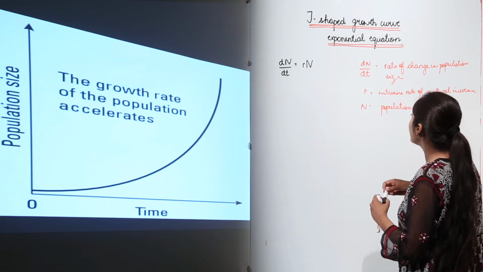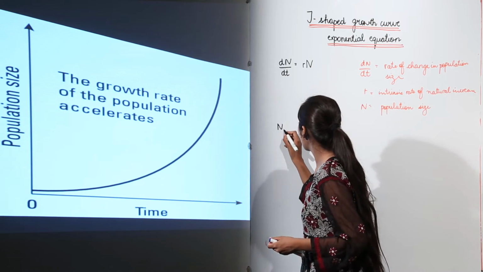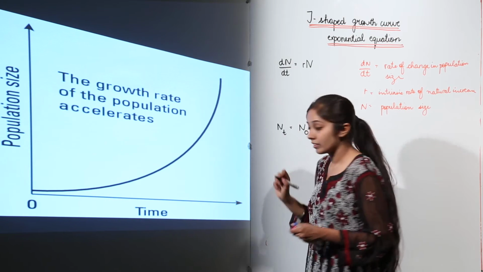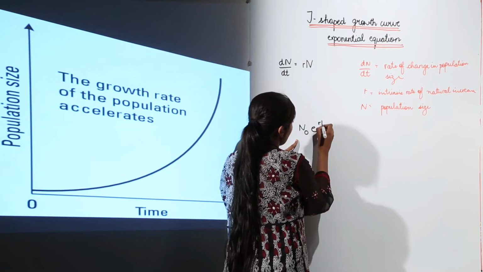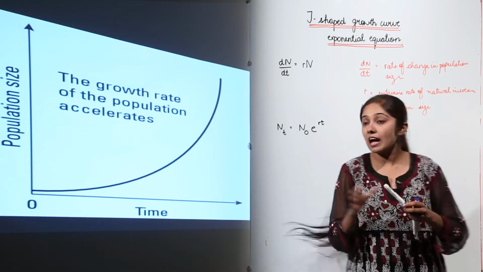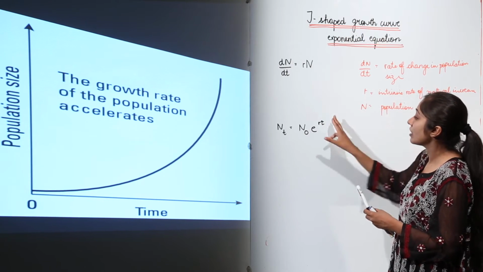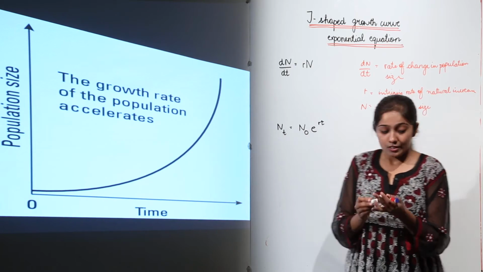When we write this equation in integral form, we will write it as Nt = N0 e^rt. So this is how the integral form of this equation for the J-shaped growth curve is written. Now let's see what each represents.